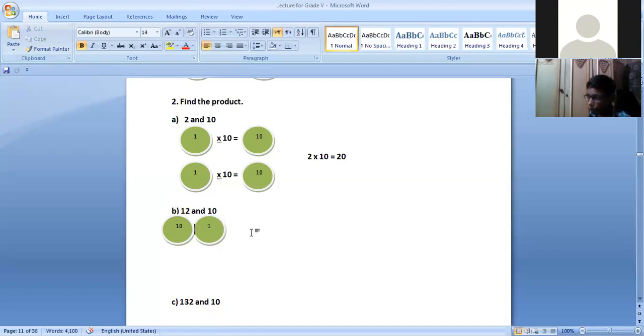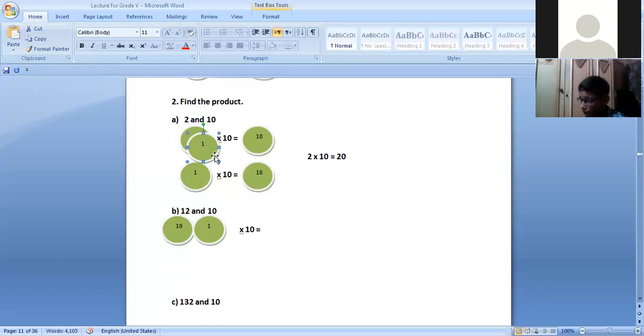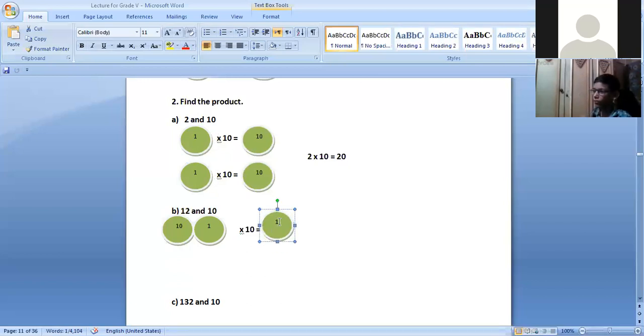When you multiply the disk by 10, answer हमारा हो जाएगा, it becomes 10 tens are 100.